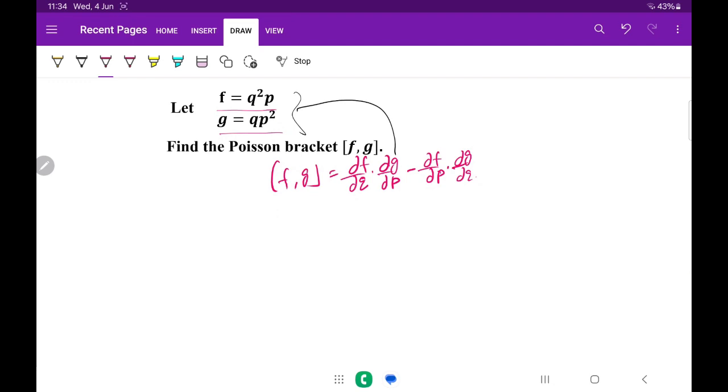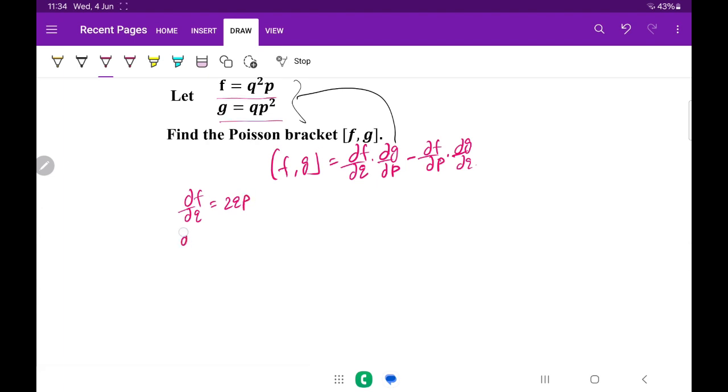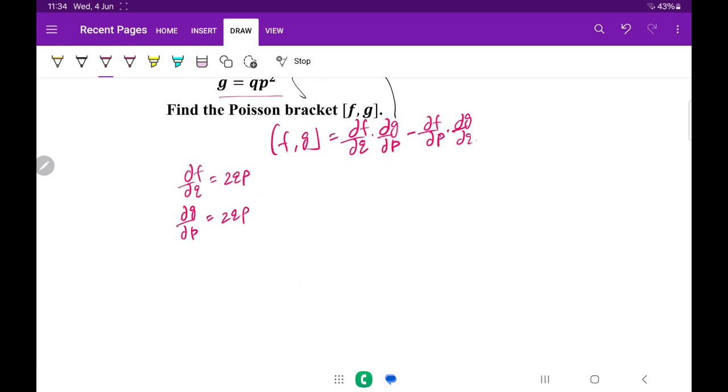So from this I can write directly, dou f by dou q is equal to 2qp. It's simple differentiation only. Dou g by dou p will yield 2qp, and dou f by dou p is nothing but q square. The last one, dou g by dou q, yields p square.